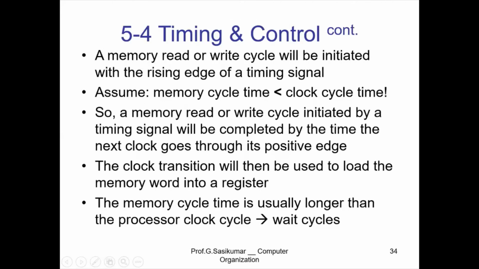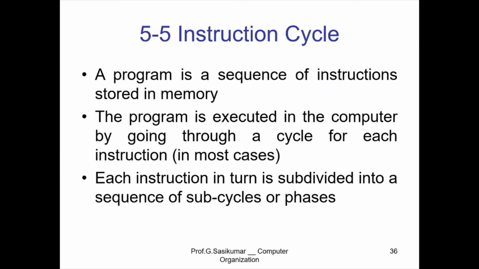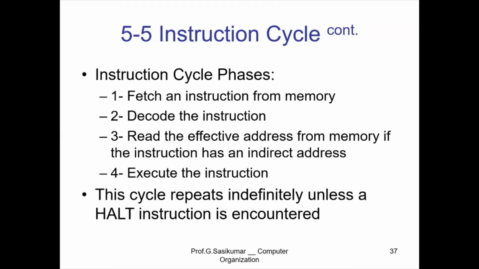The timing and control assume the memory cycle and processor clock cycle. It will transmit your data first from the program counter to the address register, followed by the phases of an instruction cycle: fetch, decode, read, execute.